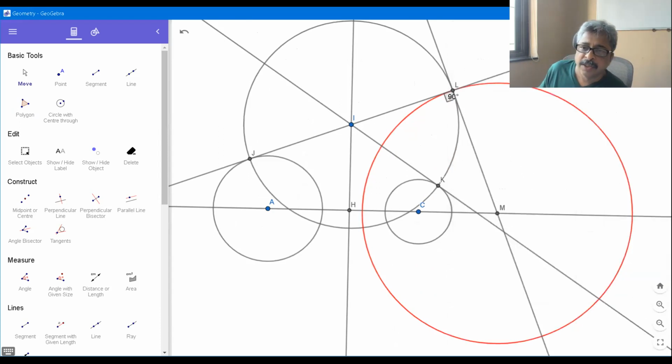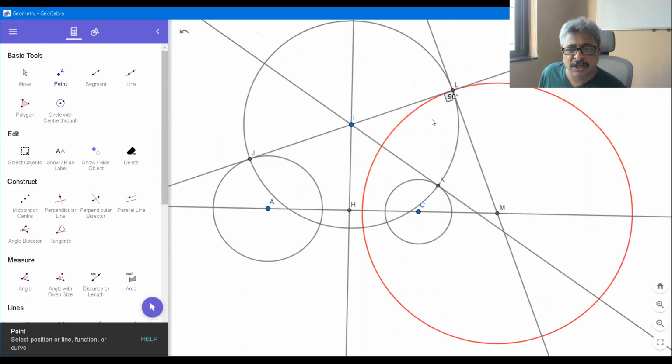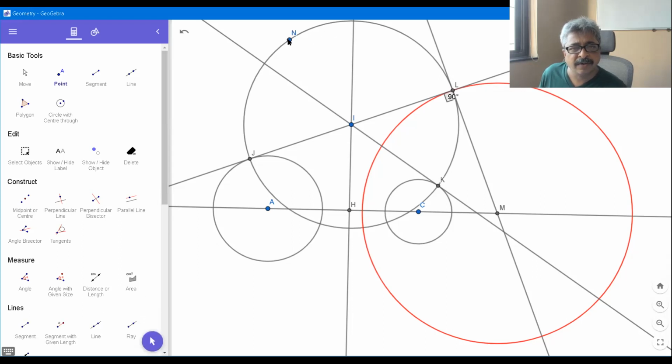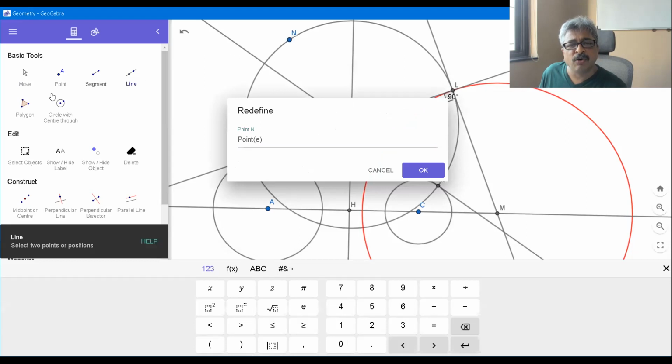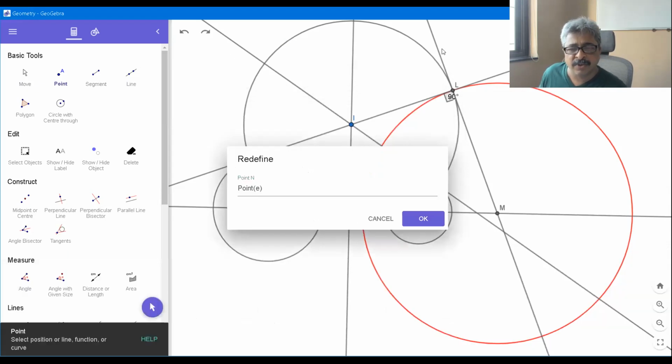Okay. Now take another point on the orthogonal circle. Take any other point on the orthogonal circle from where you can draw a tangent. Okay, take it there. No, it will go far away. So bring it closer. The intersection with the center line will be far away.